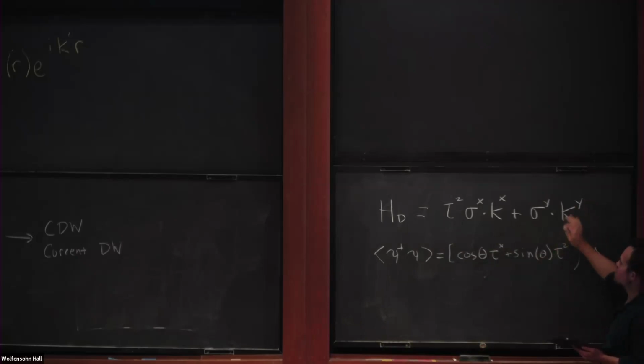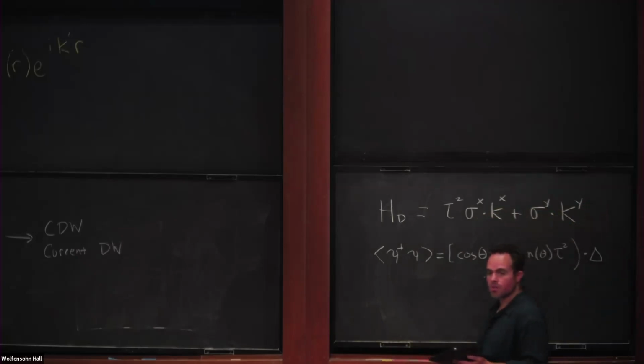Well, by definition, to open up a gap in the Dirac equation, you need to add a term which anti-commutes with both this term and this term. If you add a term which only anti-commutes with one but not the other, it actually doesn't open up a gap. It instead just shifts the Dirac cones up and down.